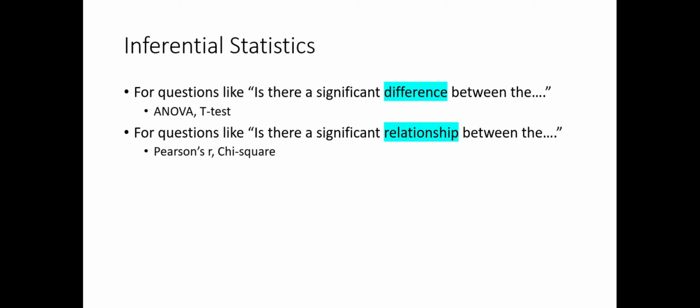But for cases wherein there are more than 2 variables, like let's say civil status. So we have married, single, we have cohabitation, or we have widowed, or something like that. So there are more than two variables to determine the significant differences.